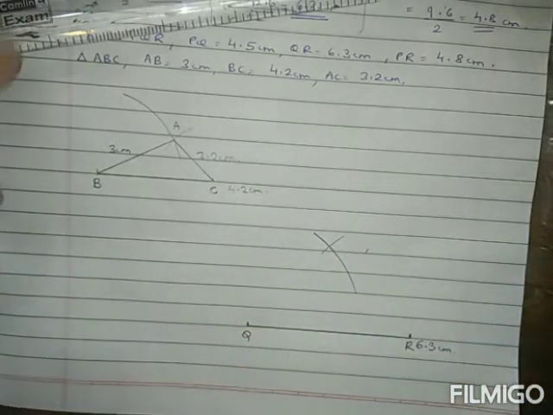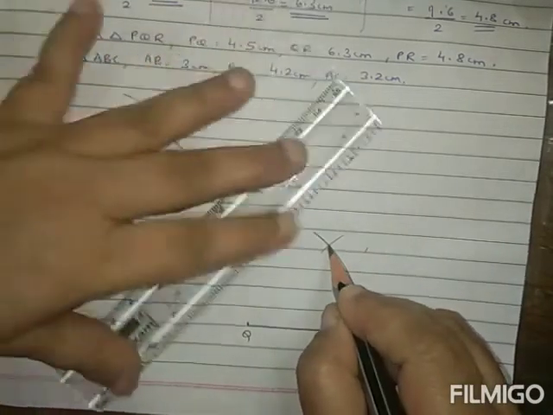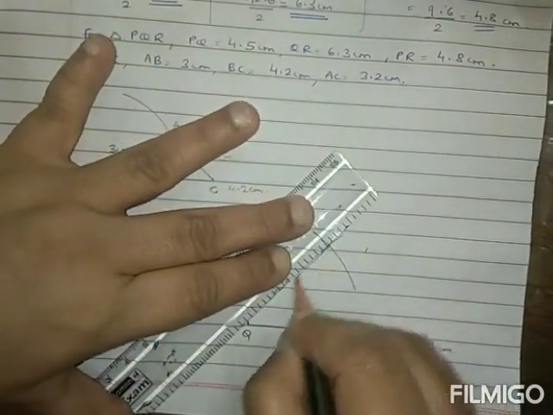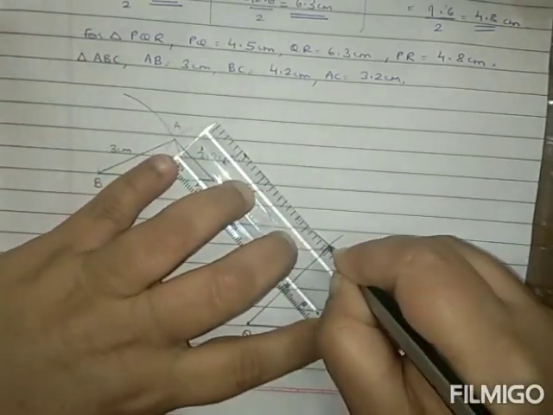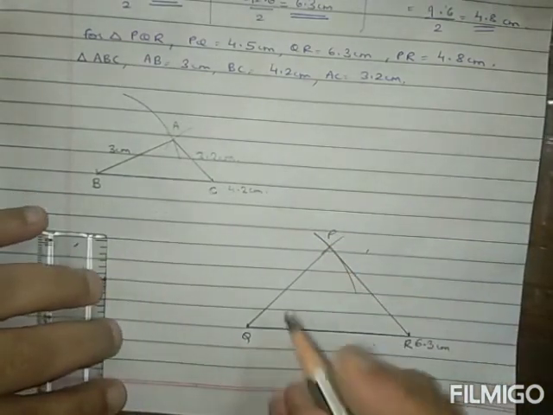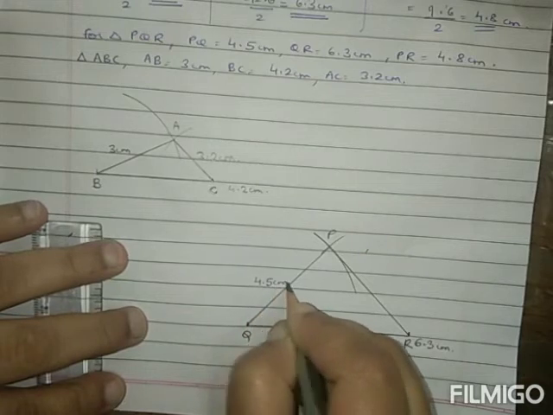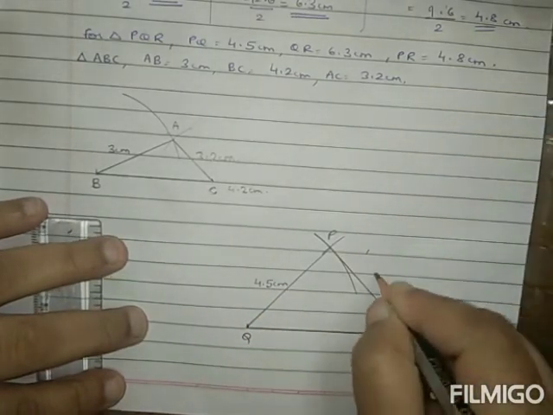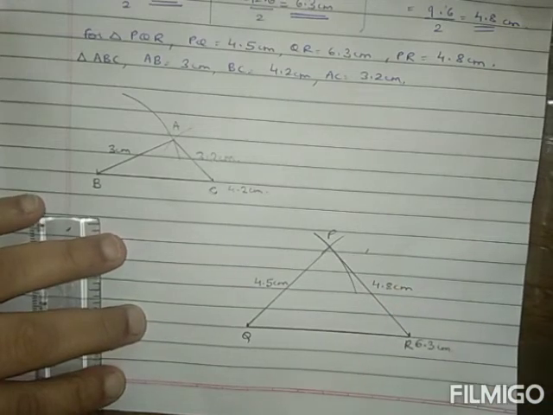Okay. Now let me join this point of intersection with Q and with R. This is point P. Now let me write down the measurements of PQ, 4.5 centimeter, and PR, which is 4.8 centimeter.